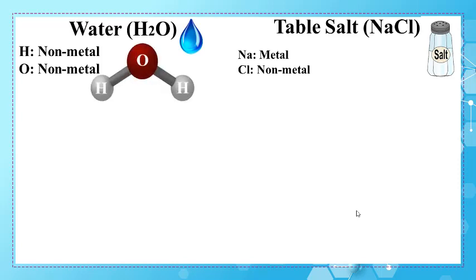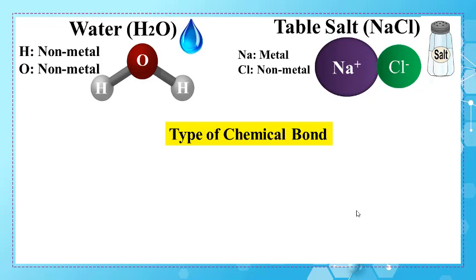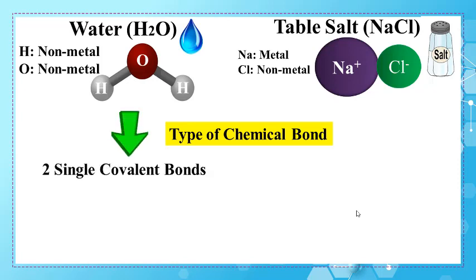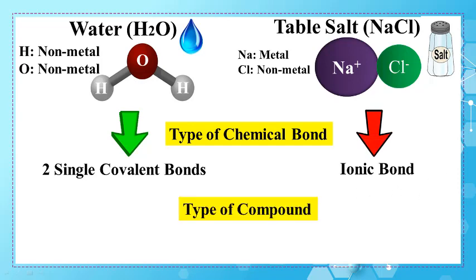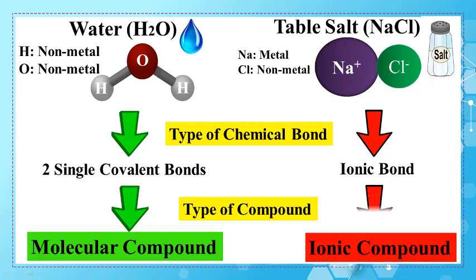Consider the two compounds water H2O and table salt NaCl. What is the type of chemical bond in each? In water molecule H2O, we have two single covalent bonds, while in NaCl, we have an ionic bond. So this compound is called molecular compound since it contains only covalent bonds, while this compound is called ionic compound since it contains an ionic bond.